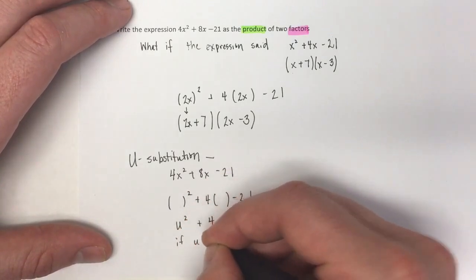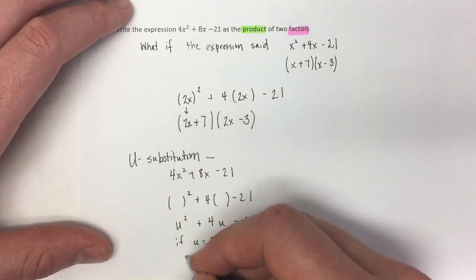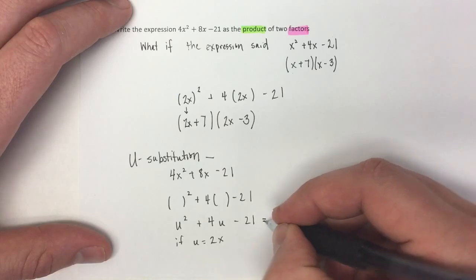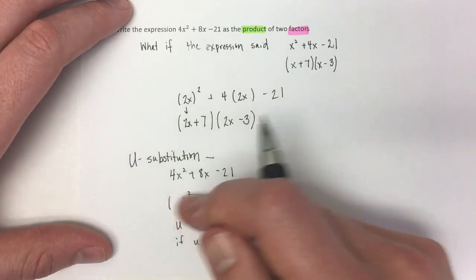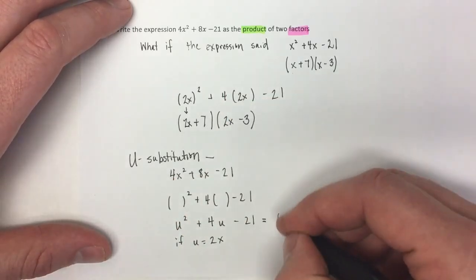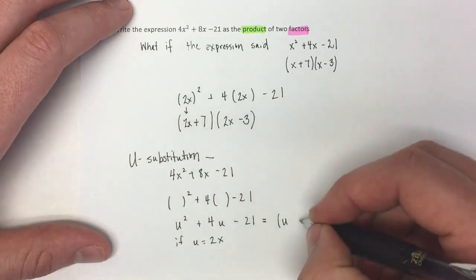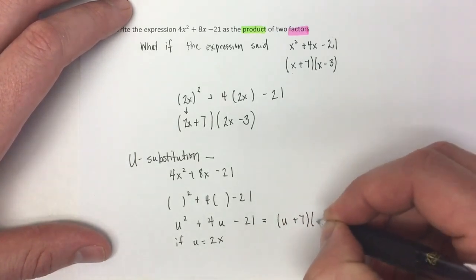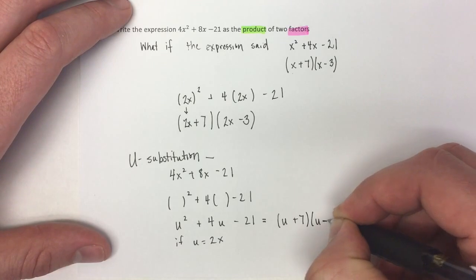If u equals 2x, then I'd actually have my original. So I know that this factors into u plus 7, u minus 3.